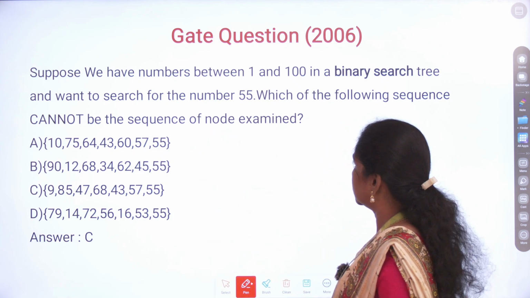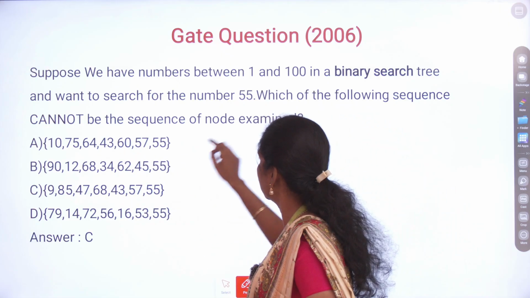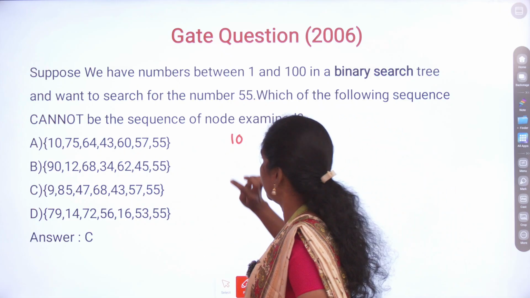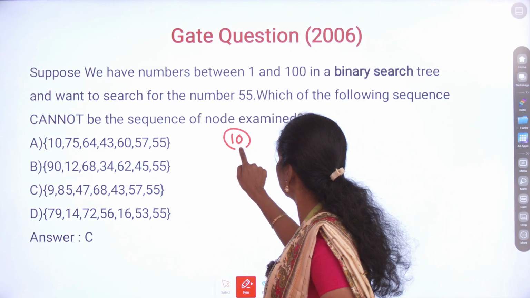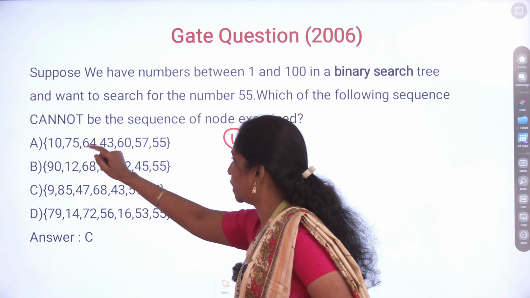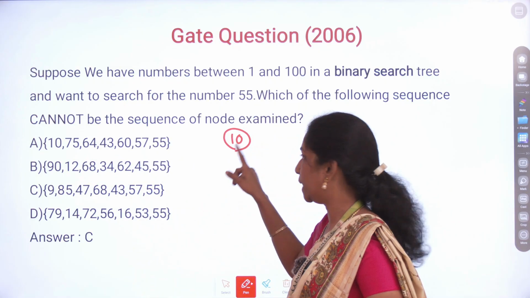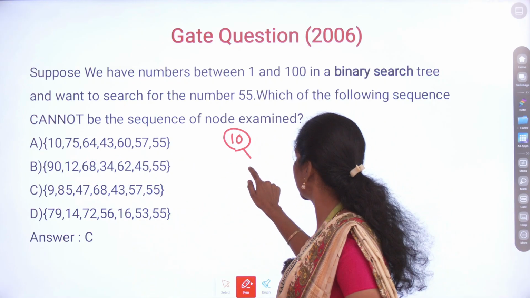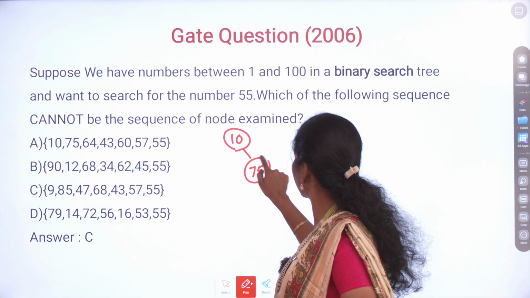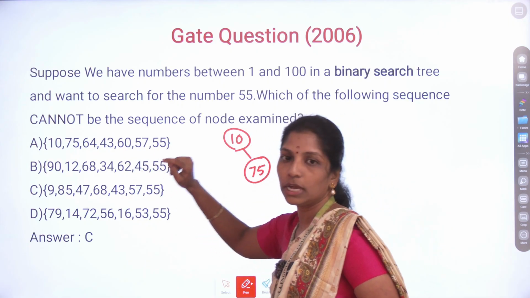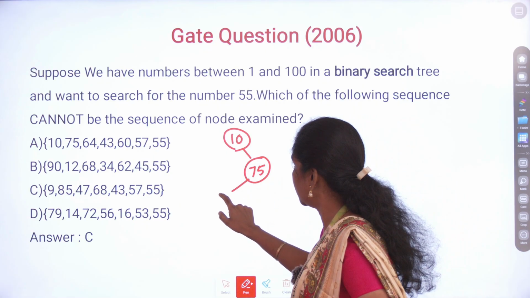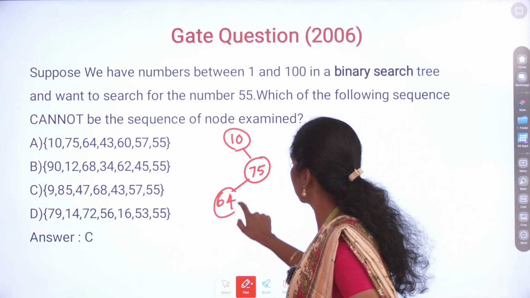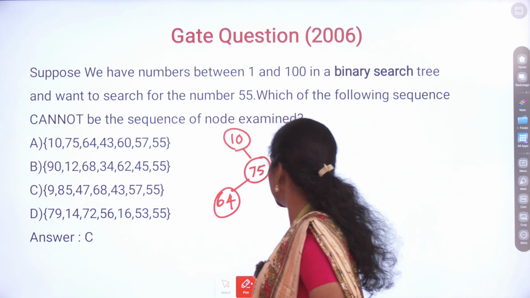Okay, let's take an example, 10. We are going to draw the tree now. The next value is 75. 75 is greater than 10, so it comes on the right hand side. Next 64. 64 is lesser than 75, so it comes on the left hand side. And 43.